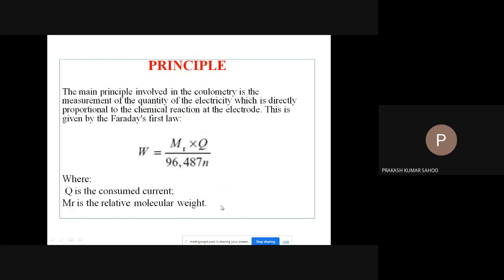This is the principle, that is Faraday's first law, where we can determine W = Mr × Q / (96500 coulomb × n), or 96487 n, where small n is the number of electrons transferred, Q is the amount of electricity, Mr is the molecular weight, and W is the weight of the substance deposited.